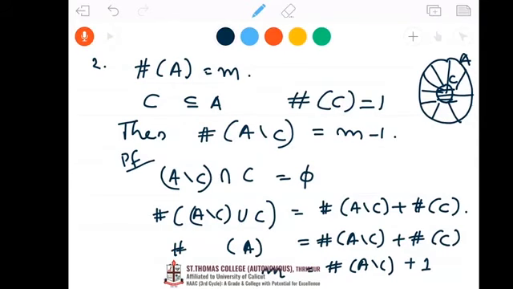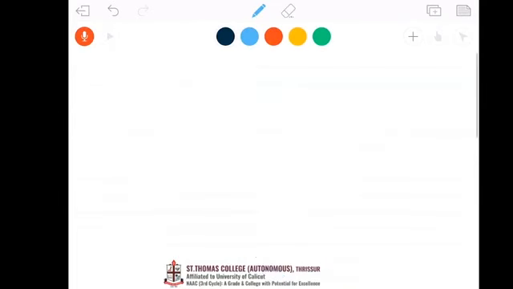So m is equal to the number of elements in A minus C plus 1. Then what is the number of elements in A minus C? It is nothing but m minus 1.